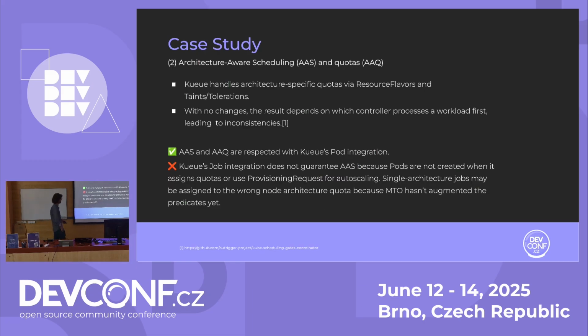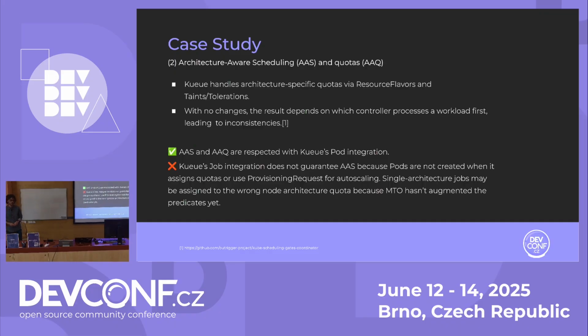I made it worse, and I tried to implement architecture-aware scheduling and architecture-aware quotas. In Kueue, you can define resource flavors to partition the set of nodes that run your cluster into disjoint sets based on taints, tolerations, labels, and Kueue can basically assign each instance of a workload to one of the flavors based on the quota that is already available at that time.